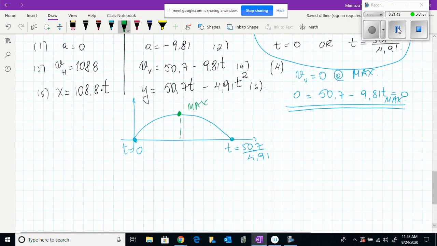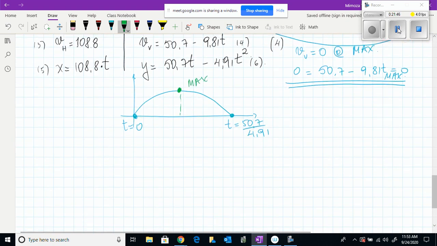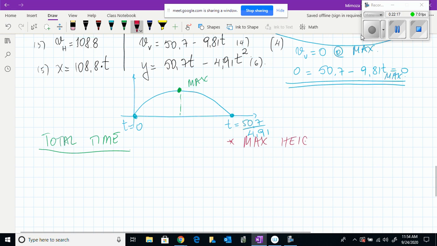After we find the T max or T total, so total time, which you can find either as we did using equation 6 or by doubling the maximum time, and this is true only for ground to ground, then let's find the maximum height and a range.